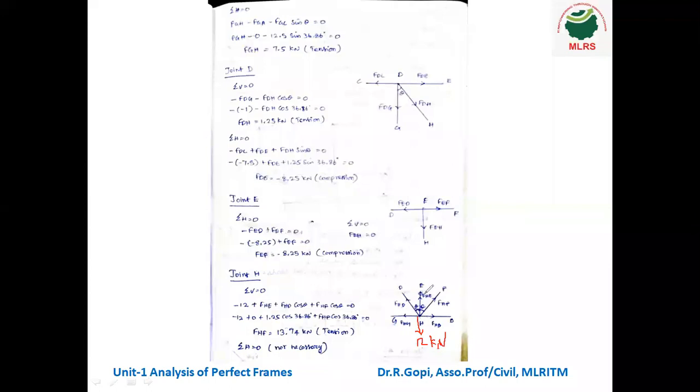If you substitute the values, you get FHE equal to 0. Substitute that value here and find FHF. Except that value, all the values are calculated, so summation of H is not required. This is the method of joints problem.